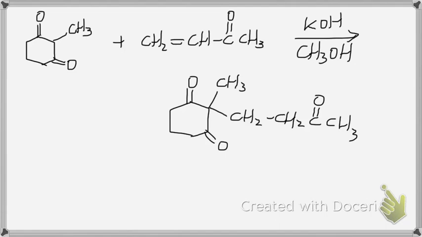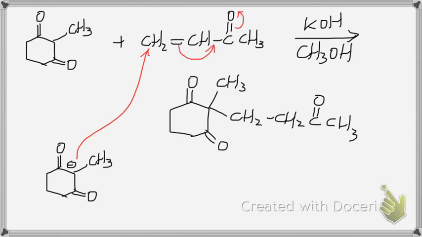And here is the product right after the addition. So here is the structure of the enolate. The negative charge is shared by two oxygens, so you can draw two more resonance structures of the enolate.